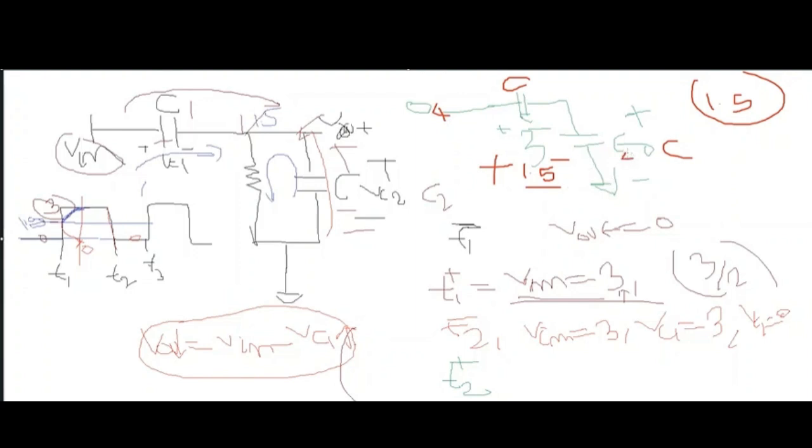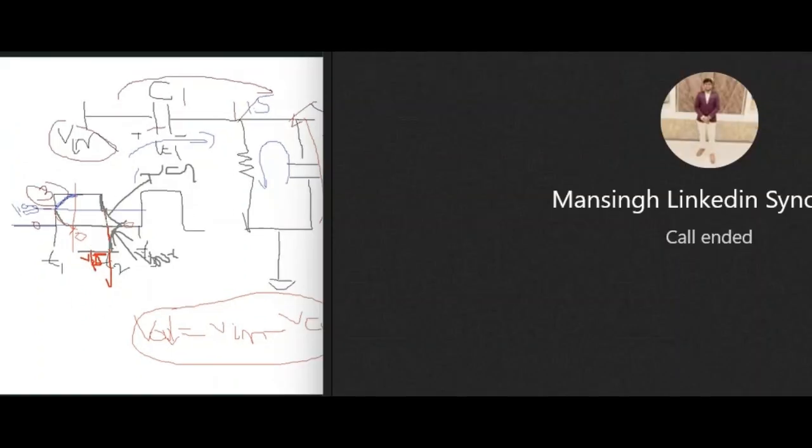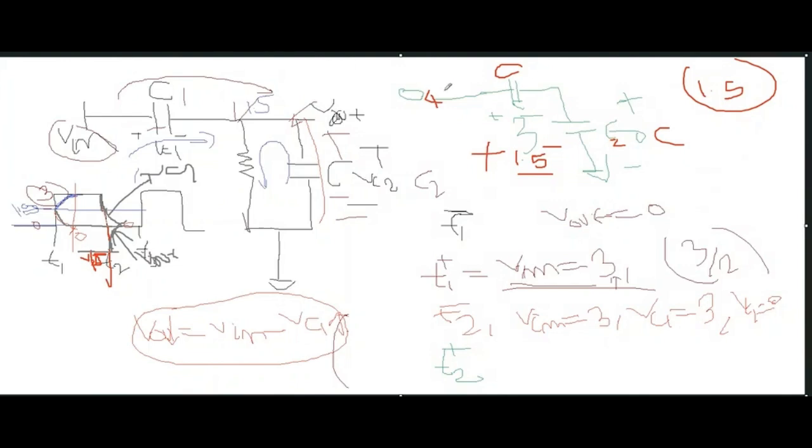Suppose this is C2, this is minus 1.5. Input becomes 0 here.